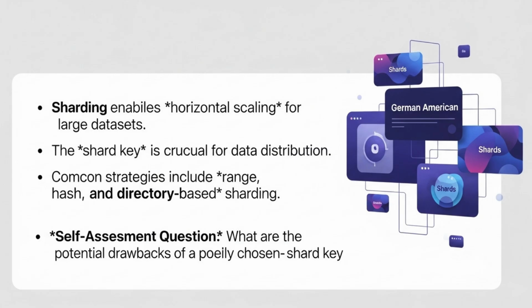Third, we explored the common sharding strategies: range-based, which is straightforward but can lead to uneven distribution; hash-based, which offers excellent data distribution but can complicate range queries; and directory-based, which provides maximum flexibility through a lookup service but introduces an additional lookup step. We also touched on how hybrid approaches are often utilized to combine the strengths of these strategies.